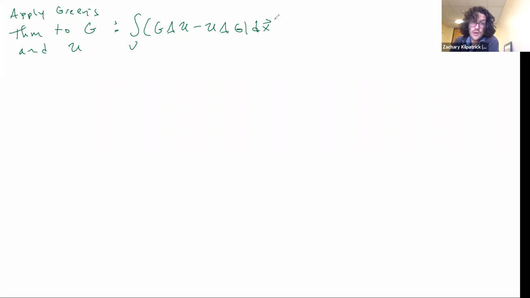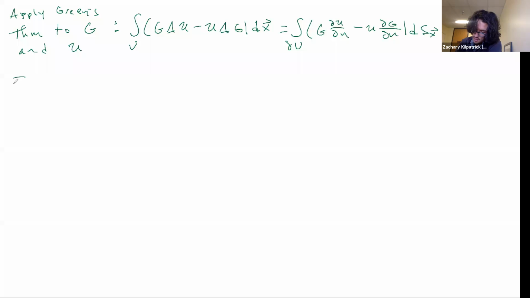We're going to take the integral of the product of G with the Laplacian of U minus U times the Laplacian of G. Green's theorem tells us that this is equal to G times the normal derivative of U minus U times the normal derivative of G, integrated over the surface of the boundary.